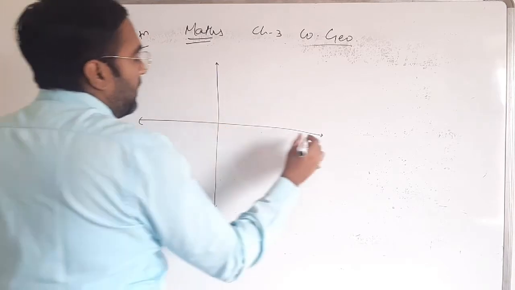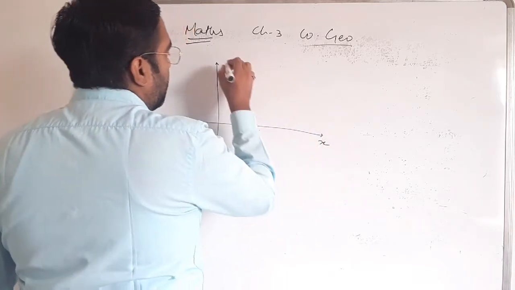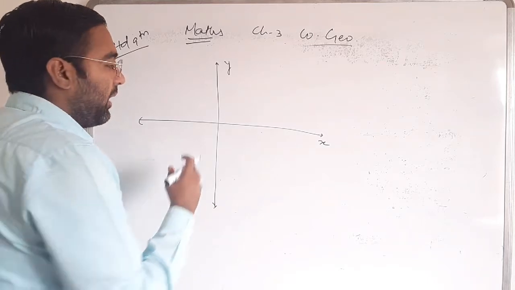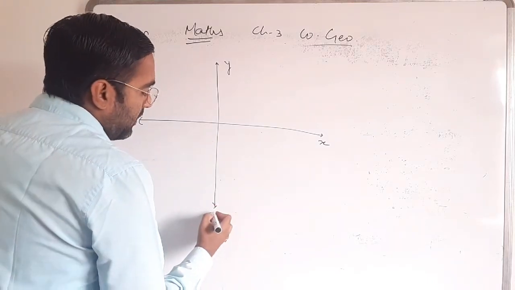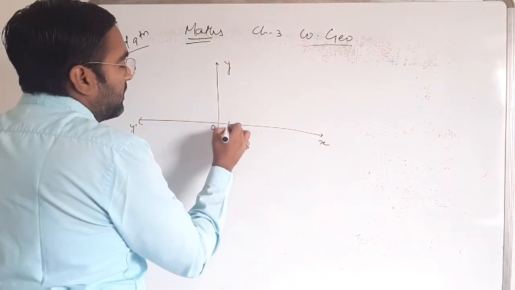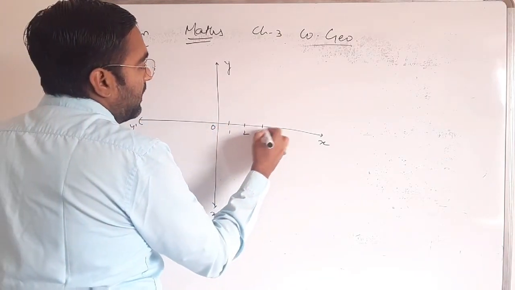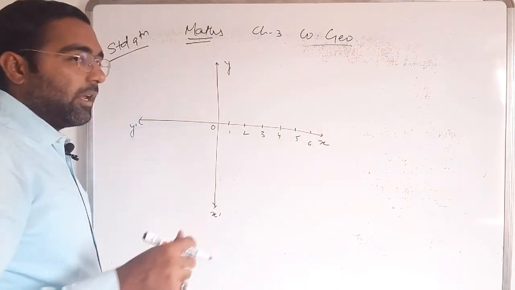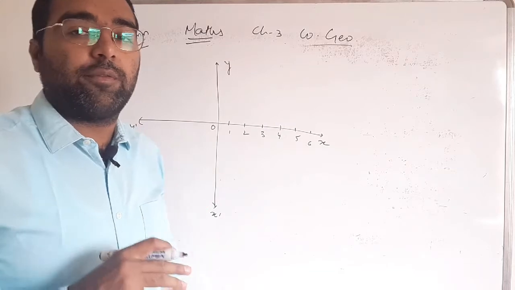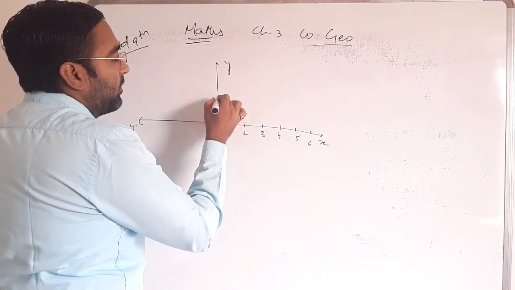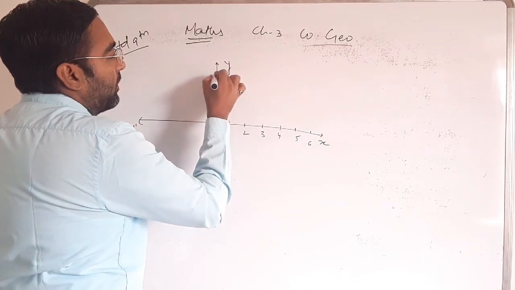Dear students, here I'm not using any kind of scale. I'm taking random distances for the numbers 1, 2, 3, 4, 5, 6. You should do this question in a graph book, so it's easy for you to locate.